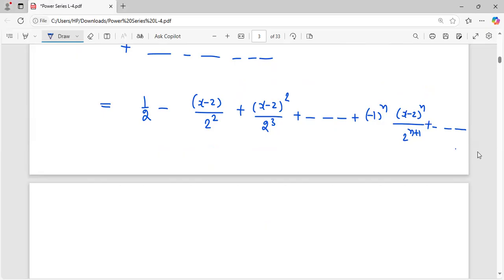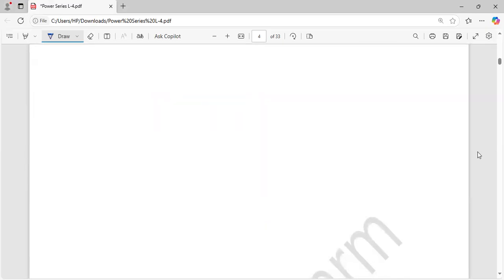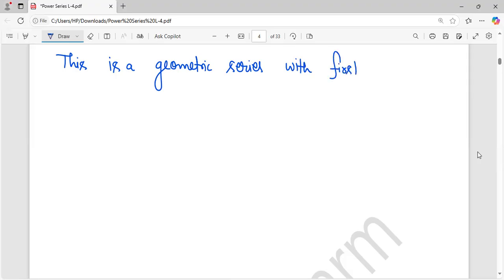Now, this is a geometric series with first term 1 by 2 and common ratio r equal to minus (x minus 2) upon 2.